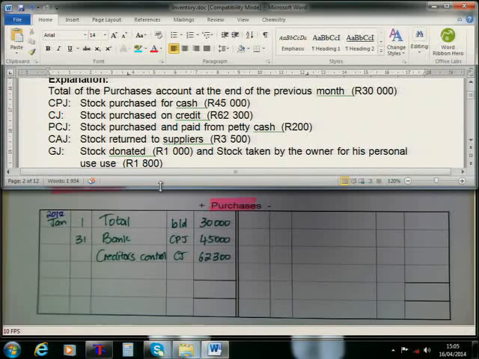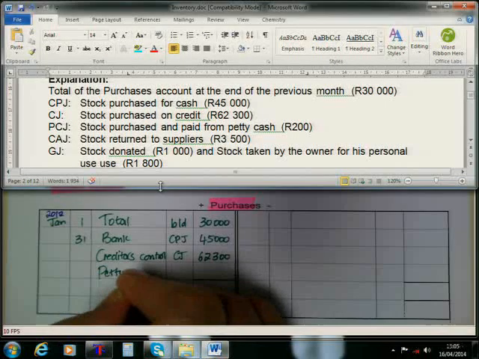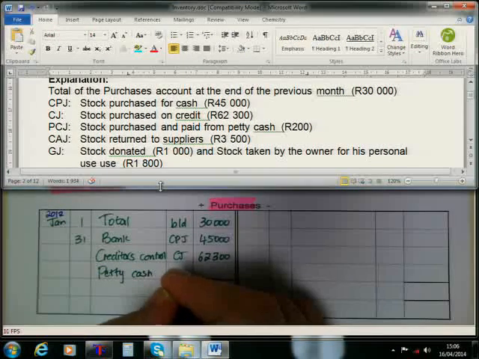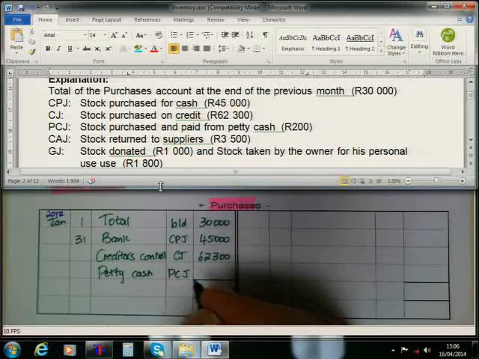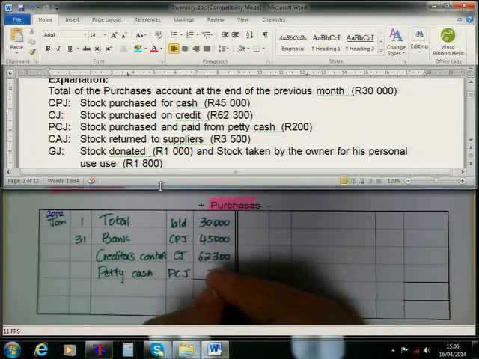We bought, and we pay from petty cash, so that one is petty cash. And that gives us petty cash journal, and that gives us 200 Rand.